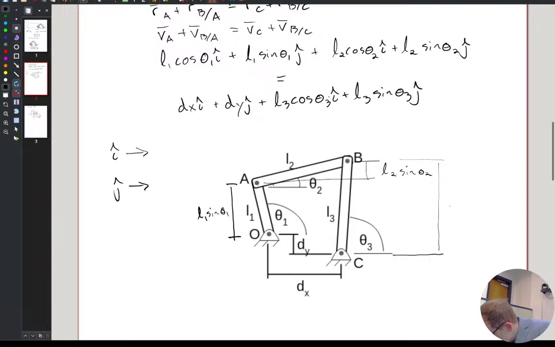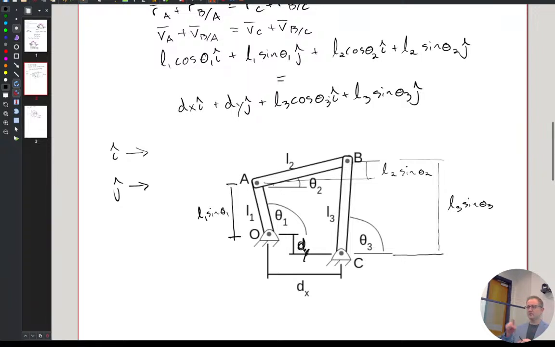This distance is L3 sine theta 3. And then this is that dy. In our case it's 0 because they're both mounted right next to each other, but we can put these mount points wherever we want. So there's like an imaginary fourth link between O and C, and its components are dy and dx. Yeah, it's a real link, it's just not a moving part.